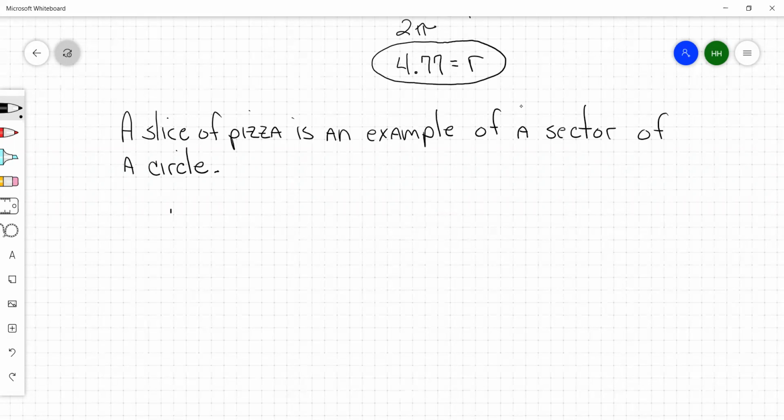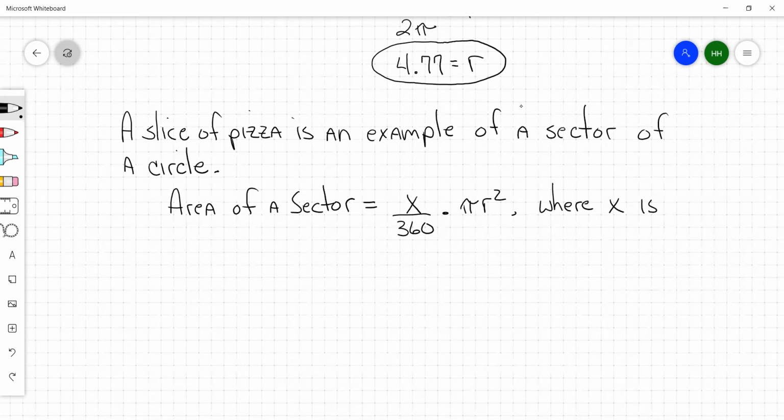So the area of a sector is equal to x over 360 times pi r squared, where x is the central angle of the sector.